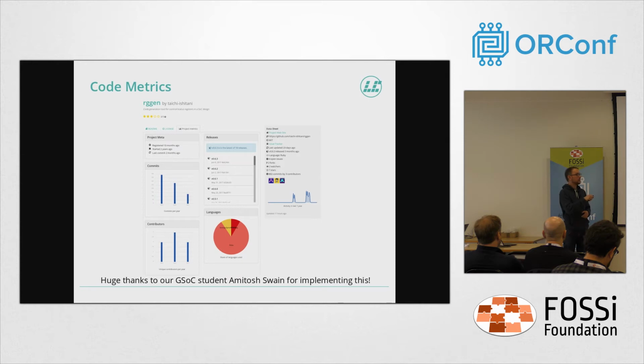This is obviously a heuristic and not necessarily the best one. This is the first one we came up with. This needs a lot of tuning. So if you figure out that you have your project on LibreCores and it's rated really badly, or it's rated really well and it shouldn't be, then just let us know. There's a lot of tweaking that needs to be done.